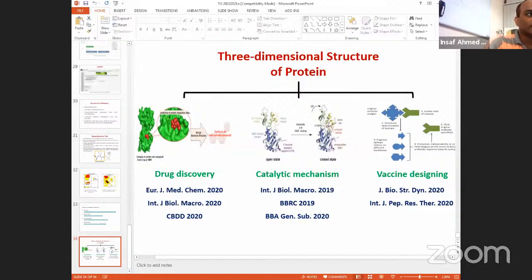Where they are not able to find an alpha helix or beta sheet, these programs put a random coil. So they have kept one random coil here. A similar zero is here, so they have kept a random coil. Wherever they are not finding anything, they will put a random coil. Here they have not kept a random coil because they have this with a different algorithm.